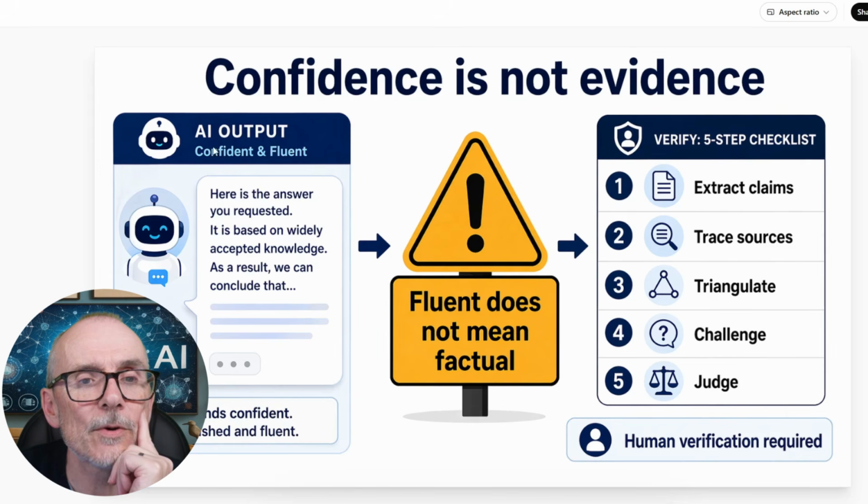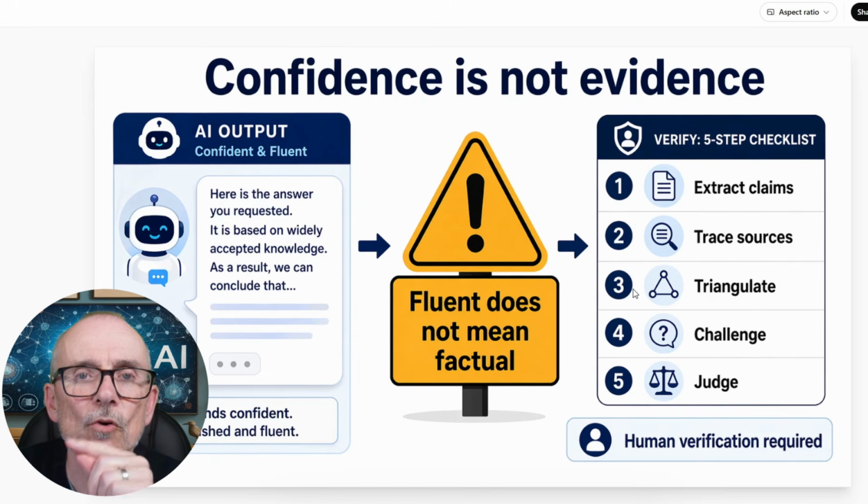AI output is confident and fluent. Here's the answer you requested. It's based on widely accepted knowledge. As a result, we can conclude that blah, blah, blah. Sounds confident, polished, and fluent. Fluent does not mean factual. Check it. Extract the claims. So what is it actually claiming? Trace the sources. Where did it get that information from?